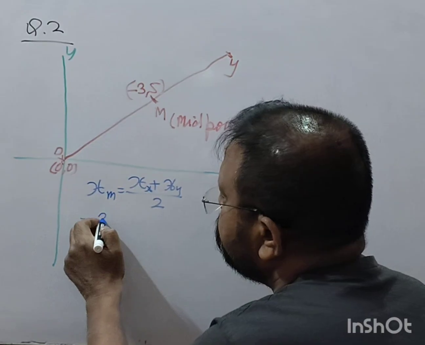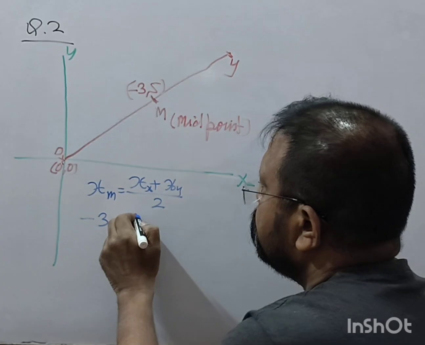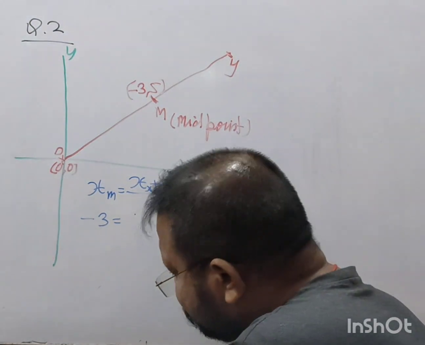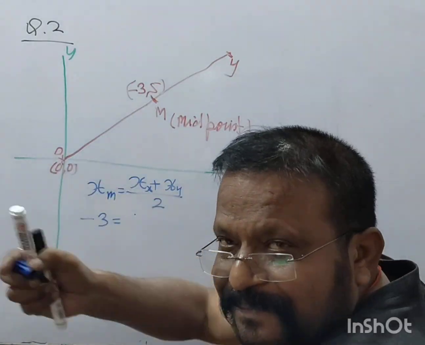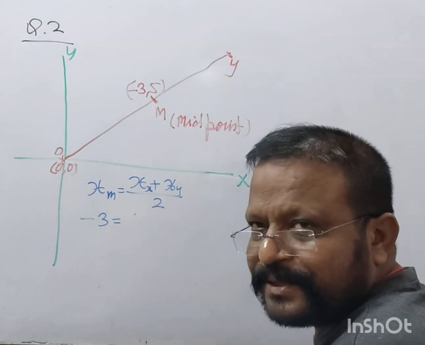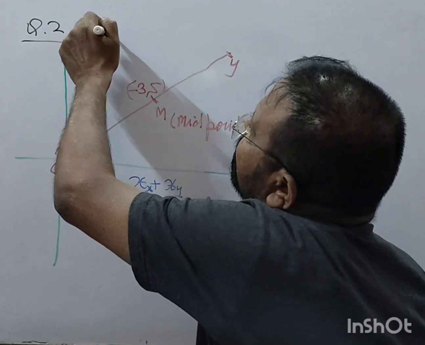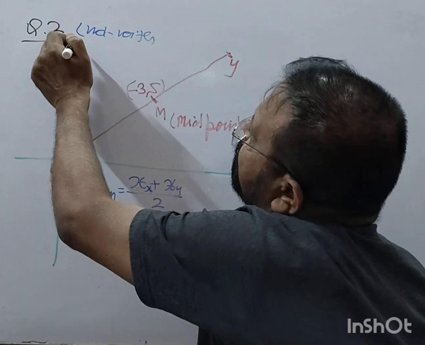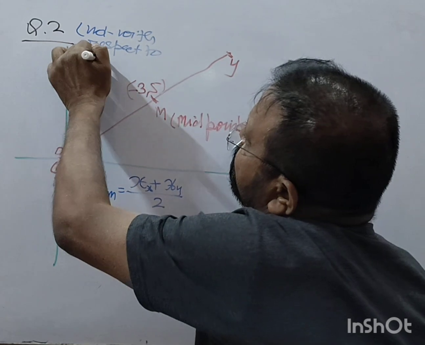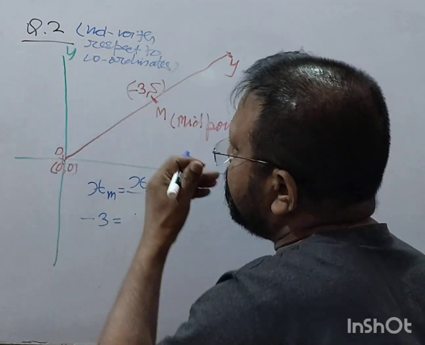So minus 3 is equal to what? We should have gone to the second quadrant, the line was in the second quadrant, but anyway it's just an imaginary figure, right? It is not with respect to coordinates. It is just for understanding.